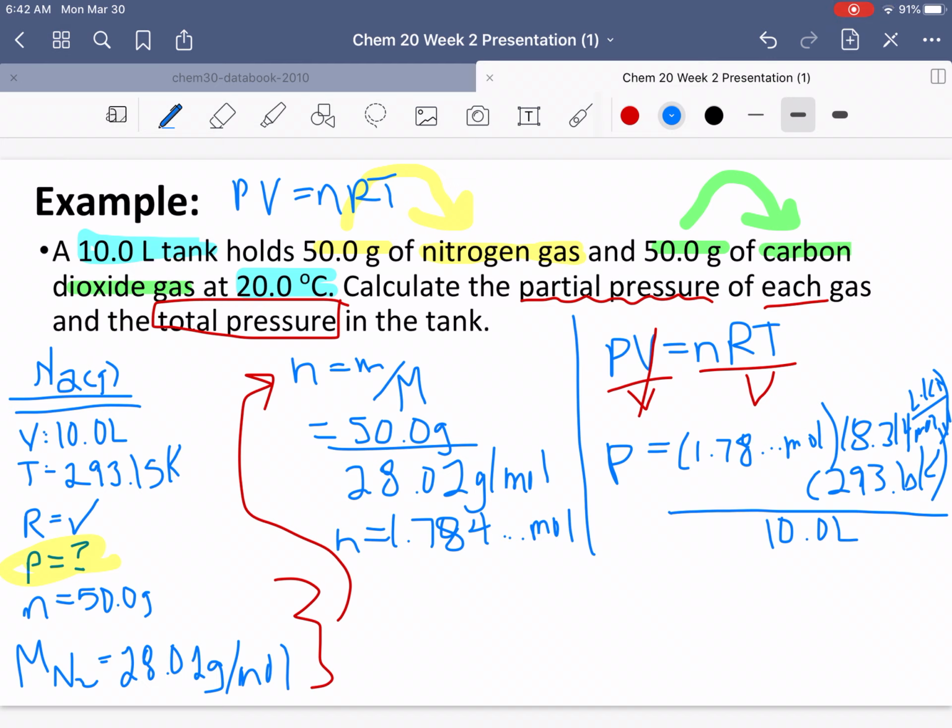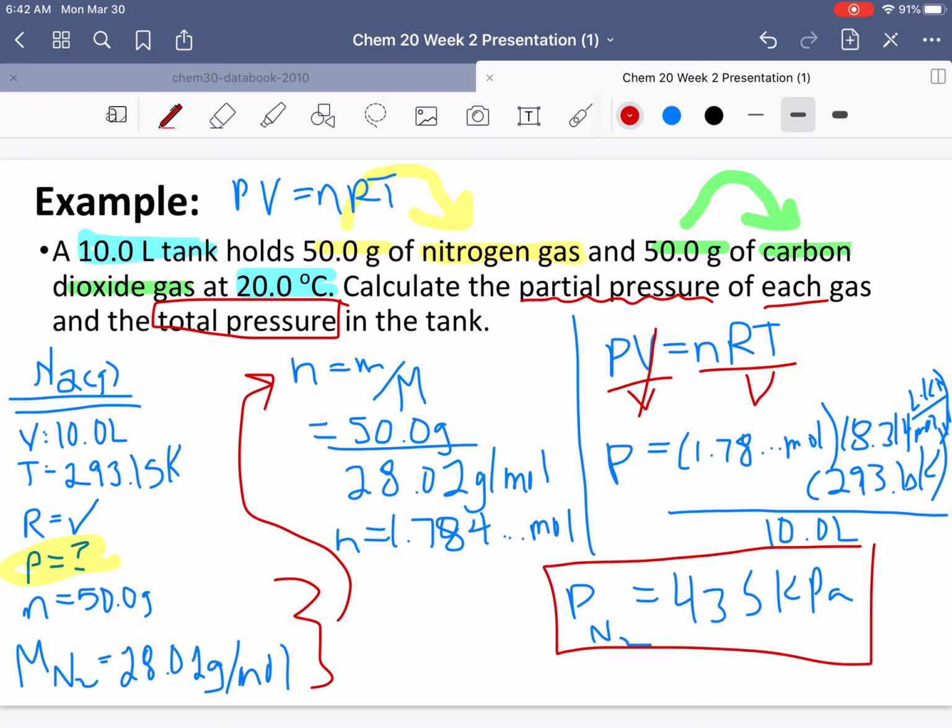Once you work all through that, we're going to get an end result, a wonderful answer of 435 kilopascals. Now remember, this is the pressure specifically of nitrogen gas. So I'm going to write a little N2 there because you have to recognize what you just found was the partial pressure. Now, that's part of the question.